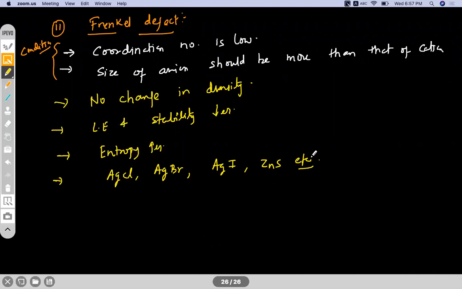In AgBr, both Schottky and Frenkel defects are observed, since AgBr is ionic, but again the size difference is also very much. That's why it shows Frenkel.